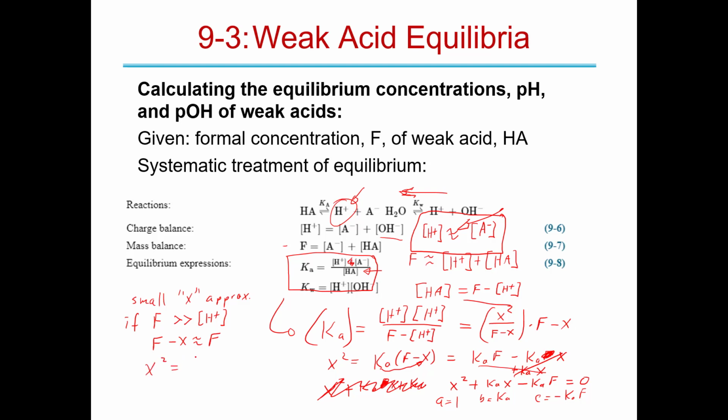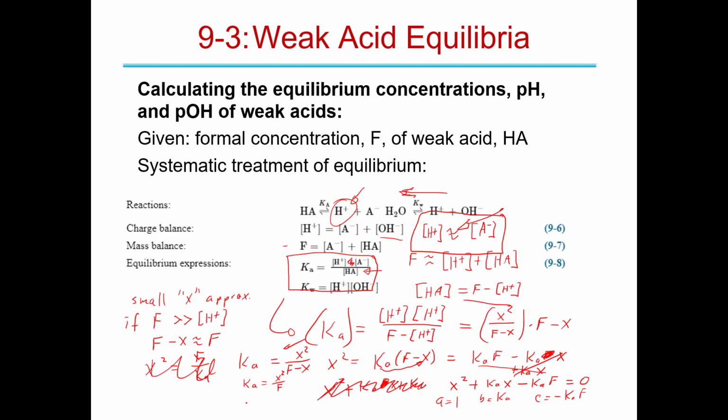So Ka, according to our equation right here, is equal to X squared over F minus X. So if F minus X is approximately equal to F, then we get Ka is equal to X squared divided by F. So let's solve this equation.